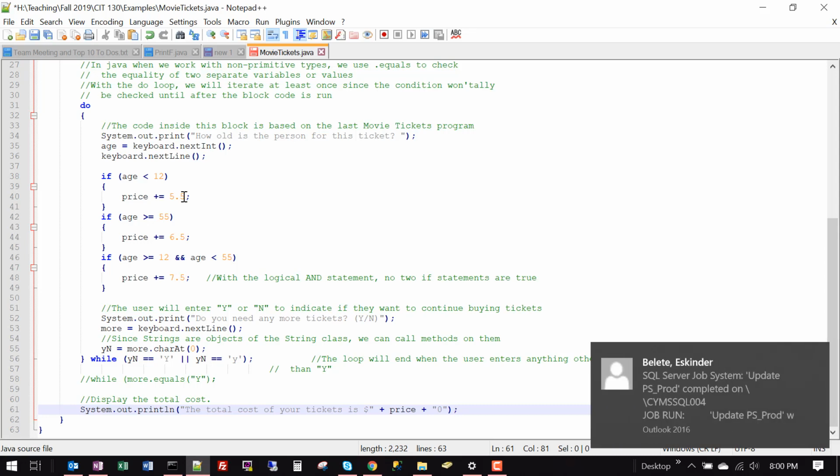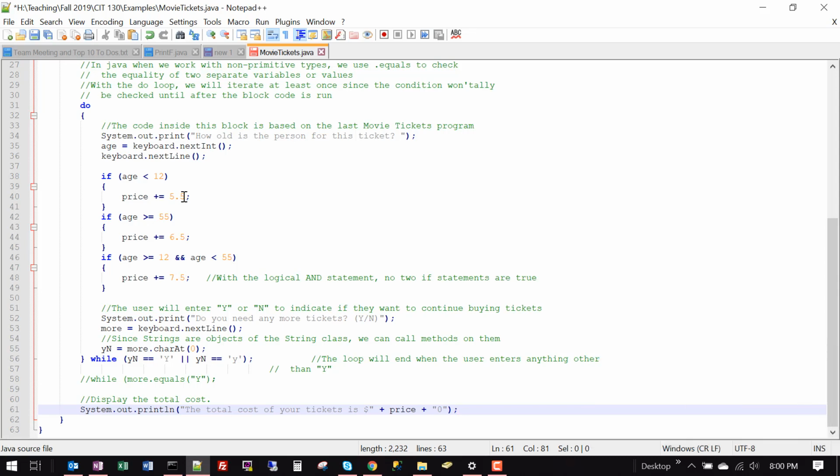But let's say that instead of $5.50, we changed the value here to $5.75.